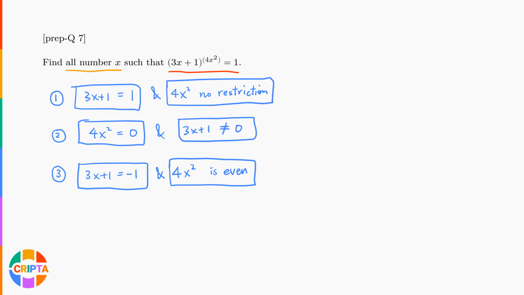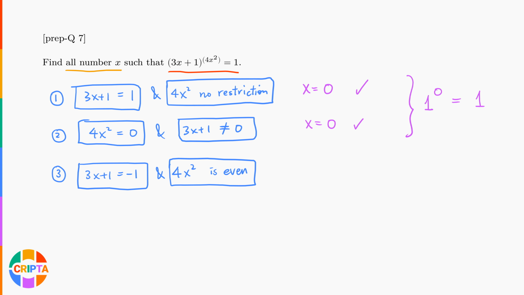Case 3, base equals minus 1 and exponent must be an even number. So for case 1, we have x equals 0, and because the exponent has no restriction, we don't need to worry, we accept it. And for case 2, it's also x equals 0, and we can check that 3x plus 1 is actually non-zero, so we accept it.